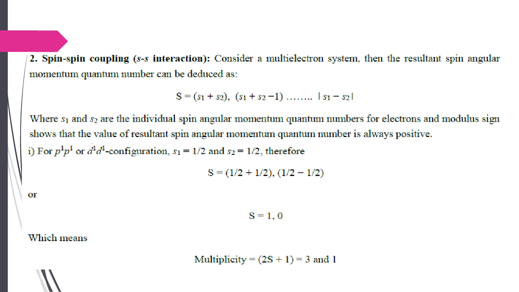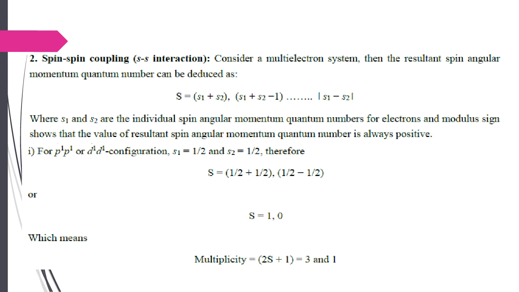In the example given below, for the p1 or d1 configuration, S1 is half and S2 is also half. So the resultant spin angular momentum quantum number S is half plus half to half minus half. Half plus half is 1, half minus half is 0. So the resultant spin angular momentum quantum number is 1 comma 0.